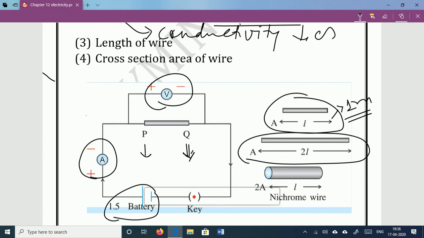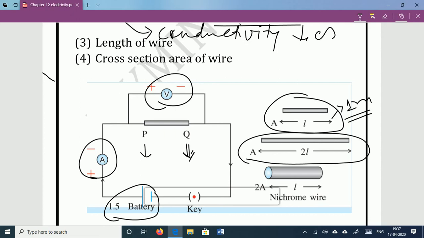Now when I measure the current, the current is going to decrease. When I check the relation between current and voltage, we find that the resistance, because resistance is related to current and voltage, is going to increase and become double.